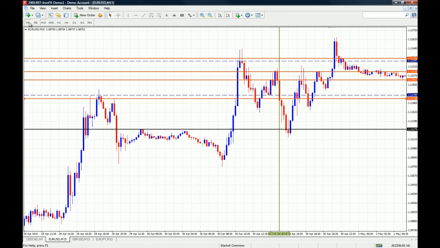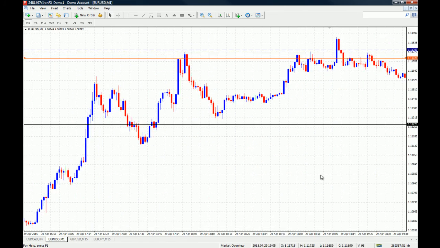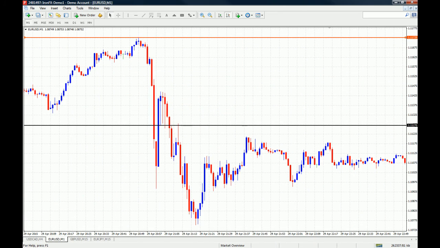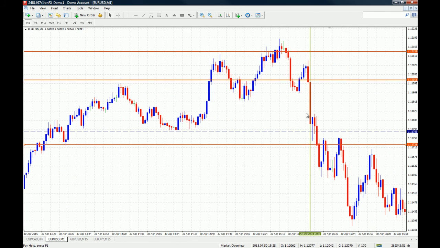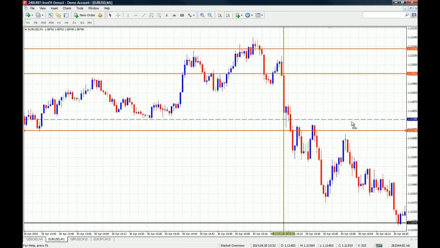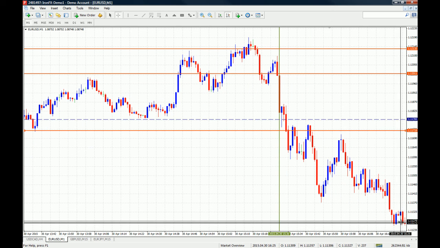Now let's go back to the 1 minute chart and to the actual time of the release. You can see that we get filled on the short side right at the release of the numbers, and then we experience some consolidation before going down, and then we ultimately hit our targets for a nice 46 pip win.